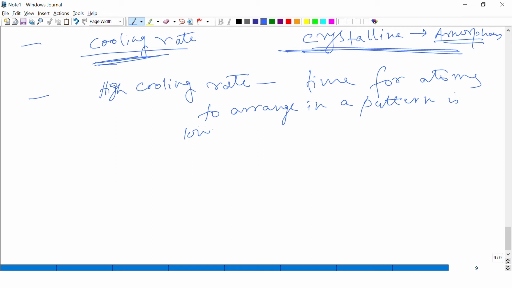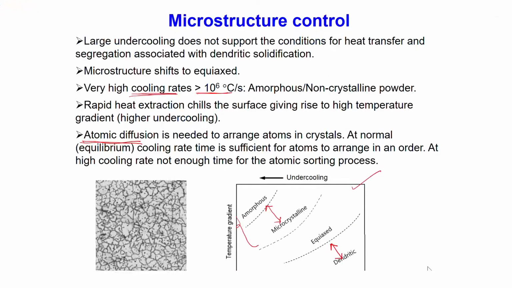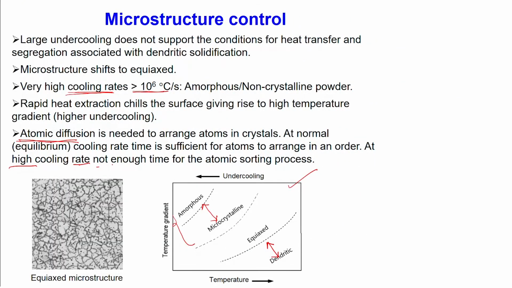That is obvious, because the heat is extracted fast and the liquid is cooling down quickly, and the solid is forming at a faster rate, and therefore, there is not enough time for the atoms to get arranged in a particular pattern. Okay. So, if you remember, we have seen before also here that high cooling rate does not allow enough time for the atomic sorting process or the atomic arrangement process for a crystalline solid to form.